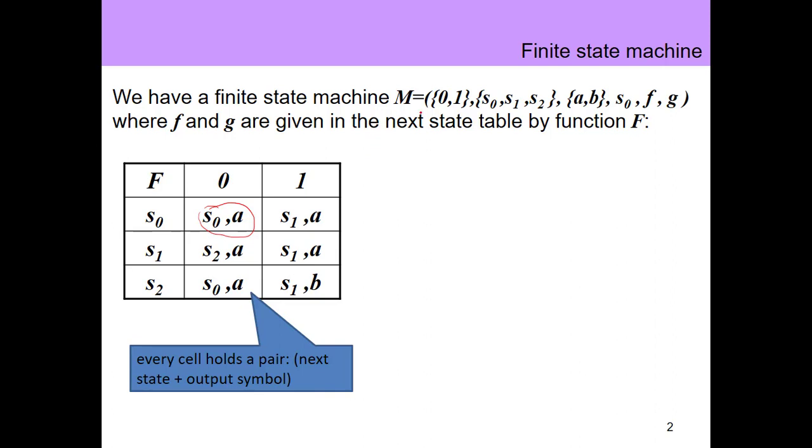So if we look at this finite state machine, then the input alphabet is 0, 1. The states we have are S1, S2, S0. The output alphabet is A, B, initial state S0, and the two functions defined by the state table.